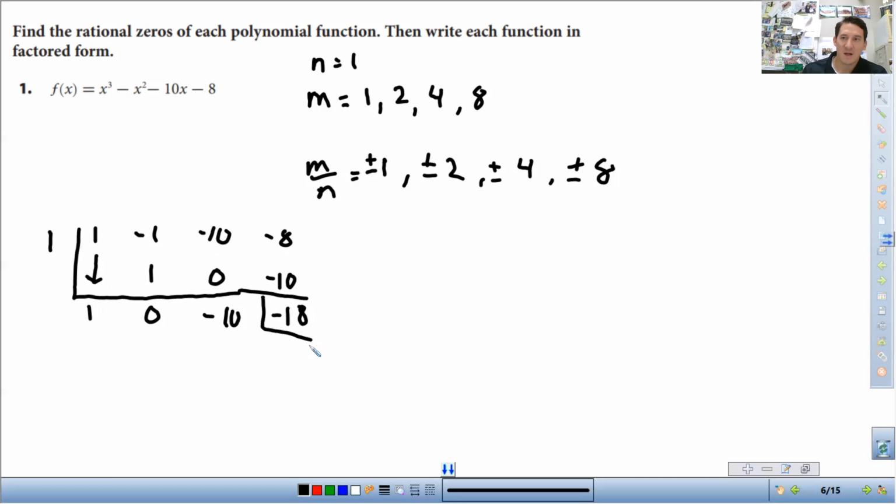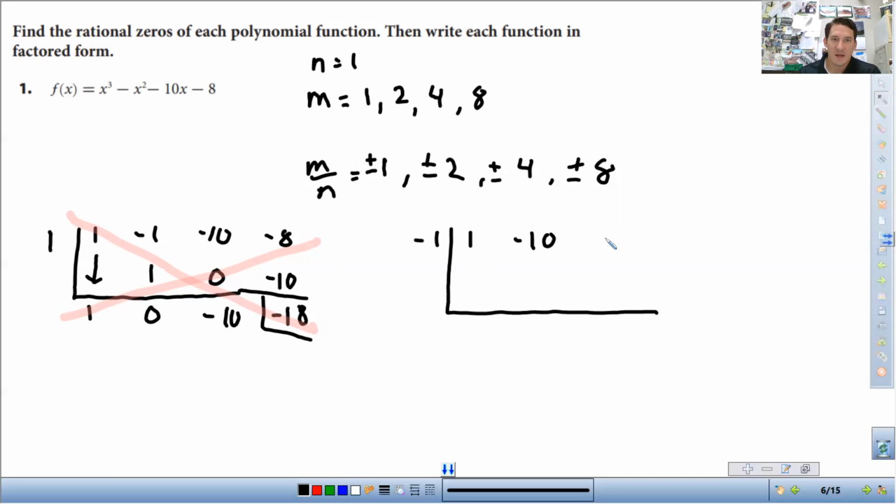Since there is a remainder, this does not work out, so positive 1 is not a solution. All right, just down the list, I'll try negative 1. So 1, negative 10, negative 8. I missed one.